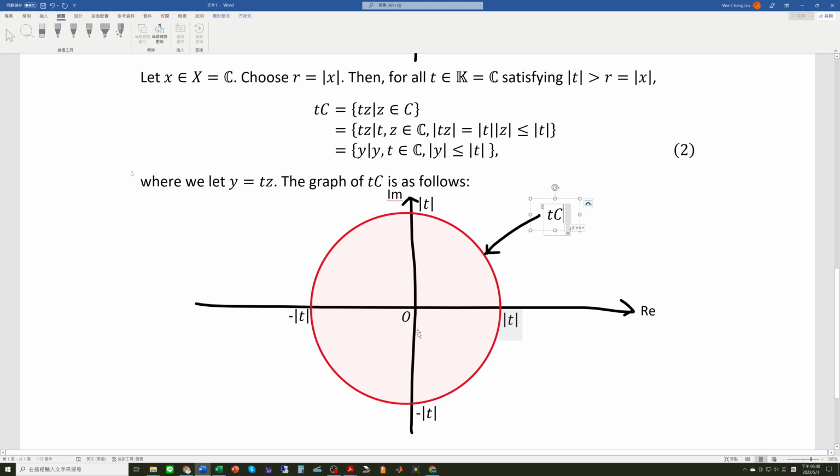And where is the x? Because the absolute value of t is greater than r, and r is equal to the absolute value of x, we can know that x must be in this disk. So let me draw this. So this is the x.